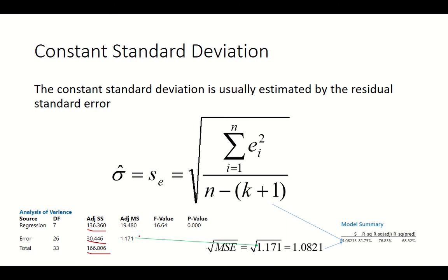So the mean squared error of 1.171 is the sum of squares of residuals divided by 26. We take that square root, and lo and behold, we get that same S. So that's where you can find it, and that's how you can compute it.